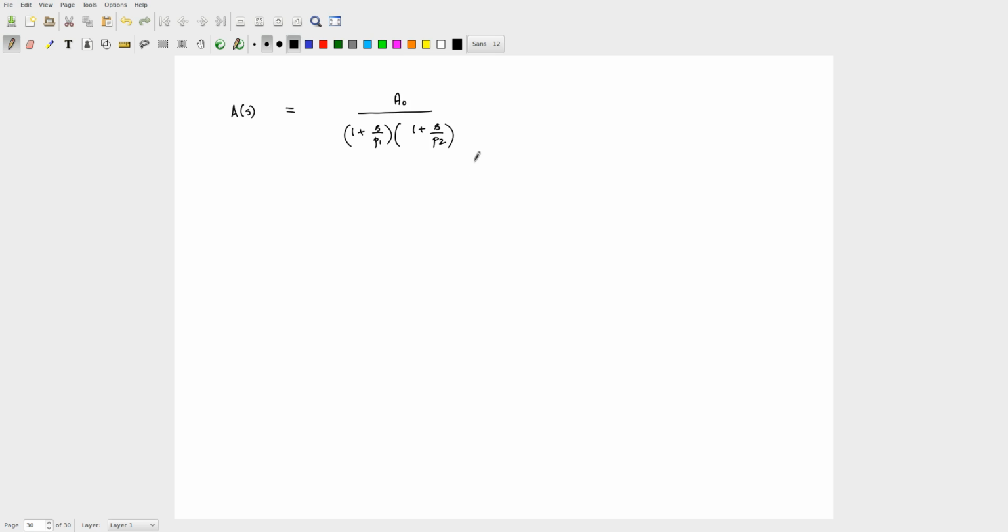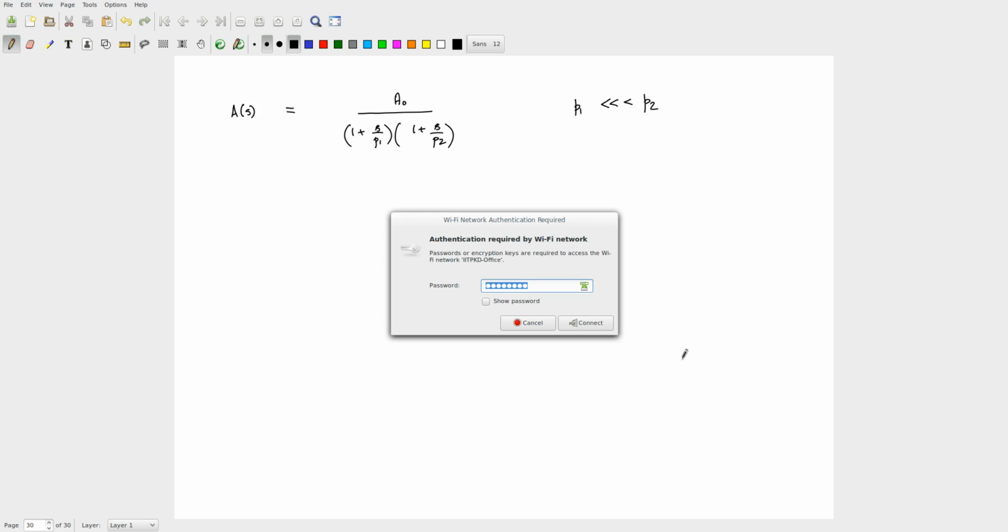And we already saw that because the op amp has to be unity gain compensated, what do you know about P1 and P2? Is it reasonable to say P1 is much less than P2? This is reasonable to say.